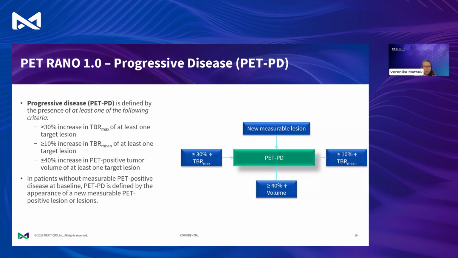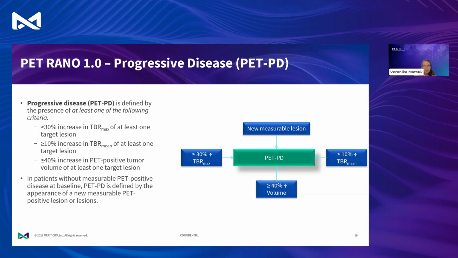In patients without measurable baseline disease, progression is defined by the appearance of any new measurable PET positive lesion. Progression definitions drive major study decisions, and that will determine whether a subject discontinues treatment, whether a time to event endpoint is triggered, or whether discordant imaging findings require adjudication.